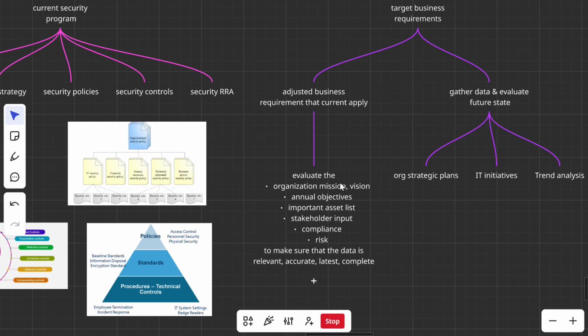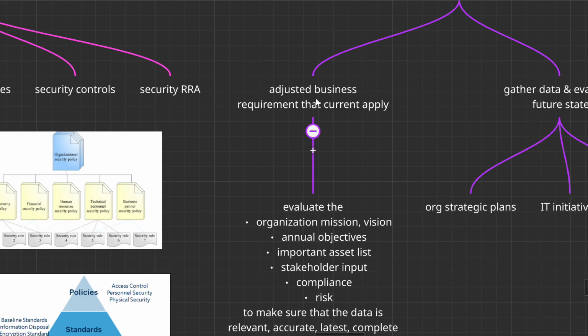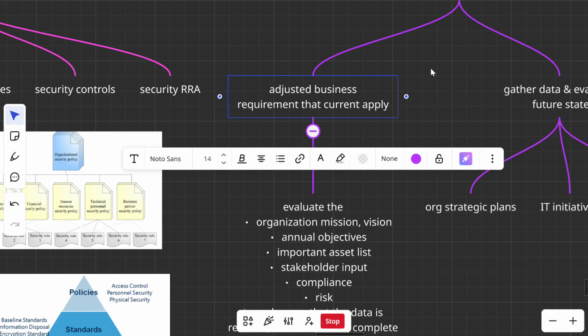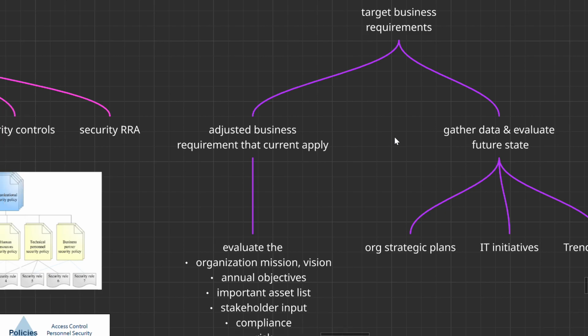That's why I'm reviewing and adjusting the current business requirements, because we already have data for current requirements. Why not just adjust it? It's the easiest one, and it's very relevant. Remember, in business and strategy and roadmap, you might have very inaccurate and poor data. So why not use the existing data that's already available that can make the process very accurate?